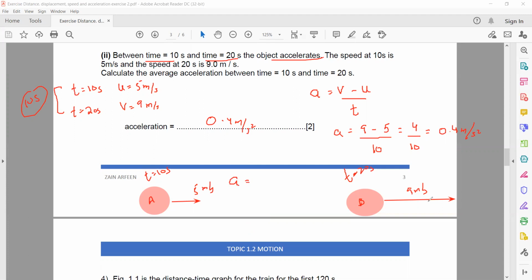Acceleration is the final velocity, which is 9, minus initial velocity, the starting velocity, which is 5, and the time interval from 10 seconds to 20 seconds is 10. So 9 minus 5 is equal to 4, and 4 divided by 10 is equal to 0.4 meter per second squared. Is it clear, Abdullah Sarfraz?